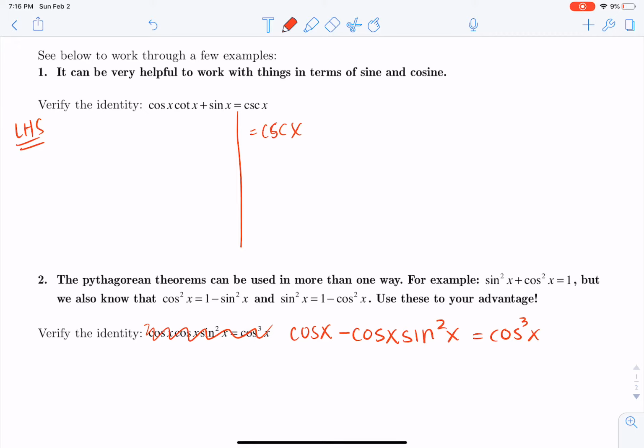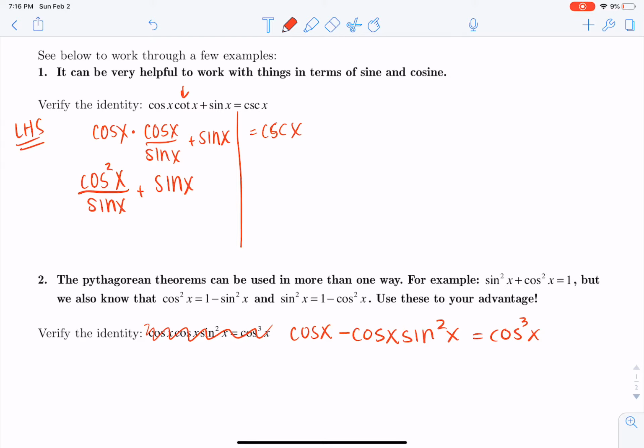So the first thing that I'm going to do is use my tip of writing things in terms of sine and cosine. So I have cosine x times, I'll rewrite this as cosine x over sine x plus sine of x. So I'll end up with cosine squared x over sine of x plus sine of x.